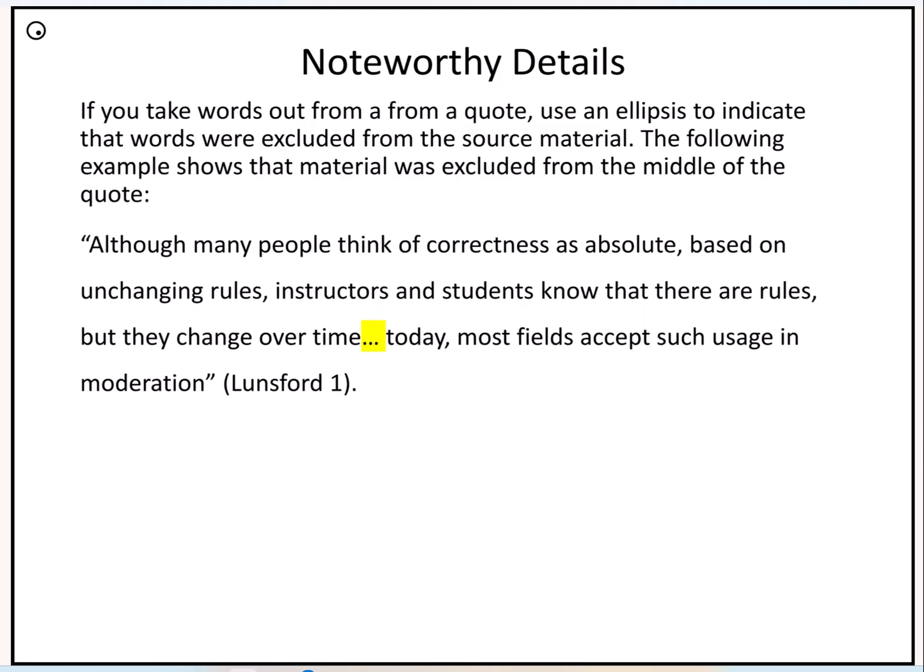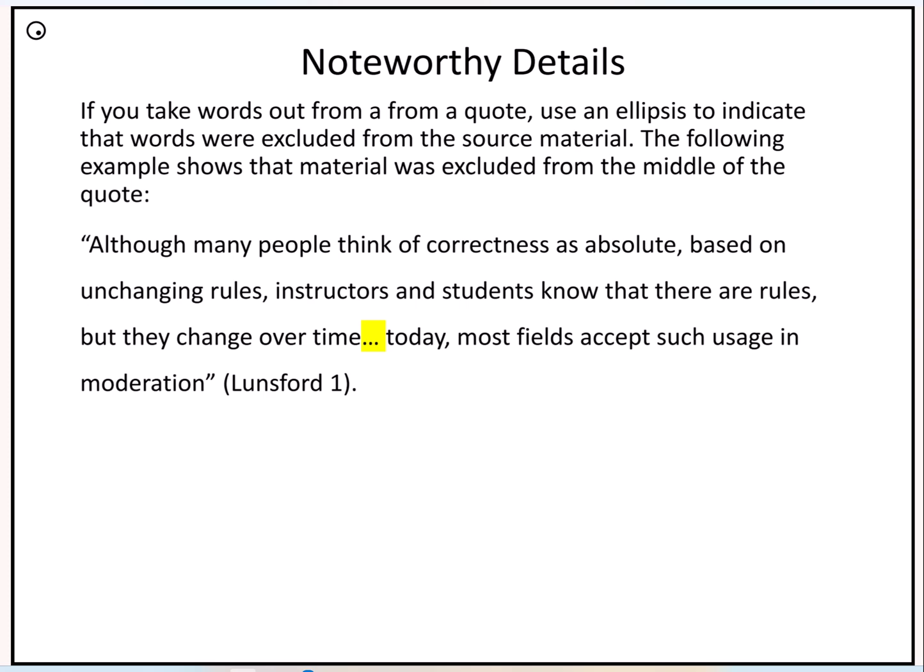Okay, so one detail worth noting is that suppose you have a rather long quote and only parts of it do you need, but there's material in between those parts that you would like to not include because they're either redundant, irrelevant, or not helpful to what you're trying to say. You can omit those, but you're going to use an ellipsis.